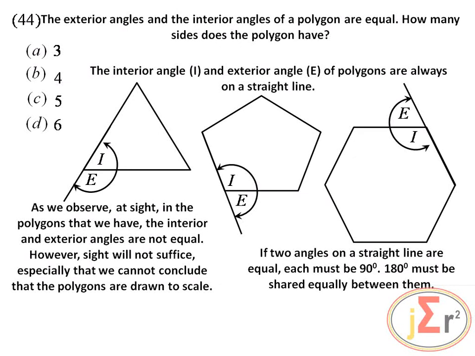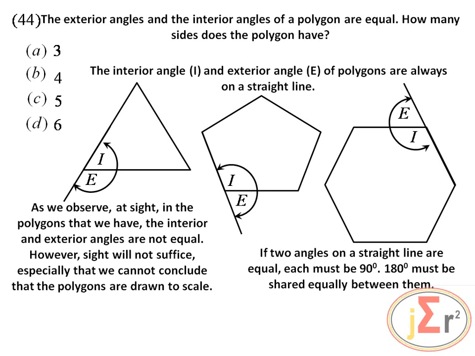So that was the purpose of showing you the interior and exterior angles of a polygon are on a straight line. By showing you that there are angles on a straight line, we can say if they are equal, then they are equal to 90 degrees.